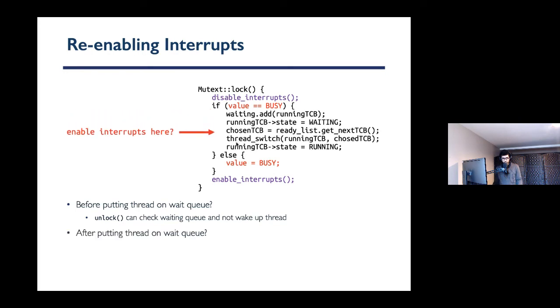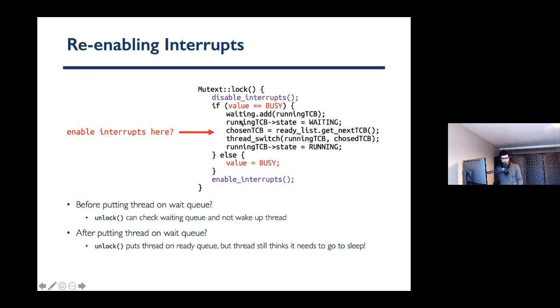What about here, right before I call thread switch? Is this a good place to do so? No, not really. It has almost the same problem. The problem is, at this point, let's say I enable interrupts, and then let's say another thread that wants to unlock the mutex is scheduled.